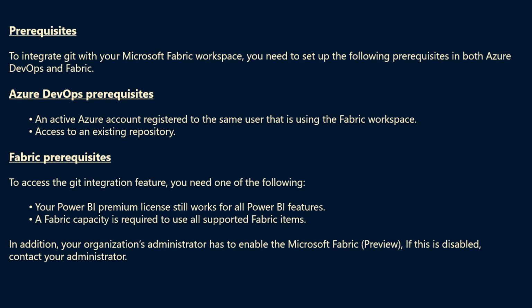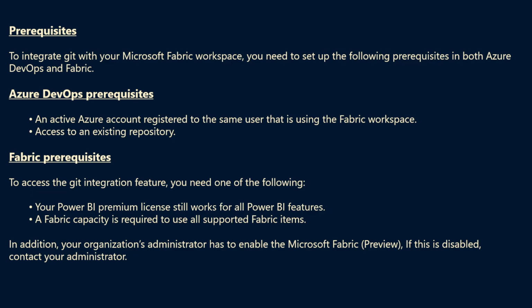Additionally, the administrator has to enable a very basic permission in the Power BI admin portal tenant settings, and that is nothing but the Microsoft Fabric preview. That setting is available in the admin portal, so the admin has to enable it. Then only can the users create the Fabric items or use the Git integration feature in Power BI.